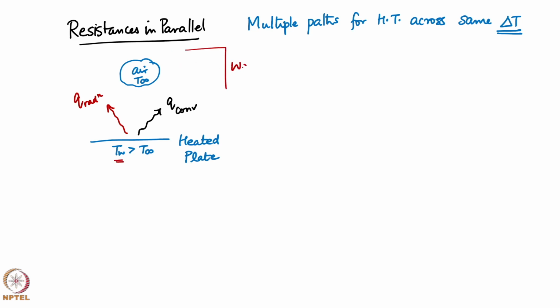So, let us say this is the wall of the room, the fan, everything in the room, everything is at T infinity. T infinity is the temperature of the wall and the temperature of the air in the room.